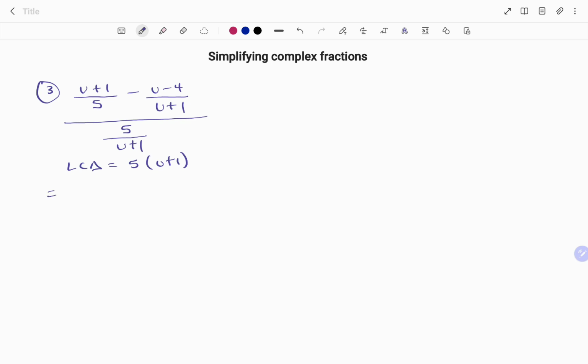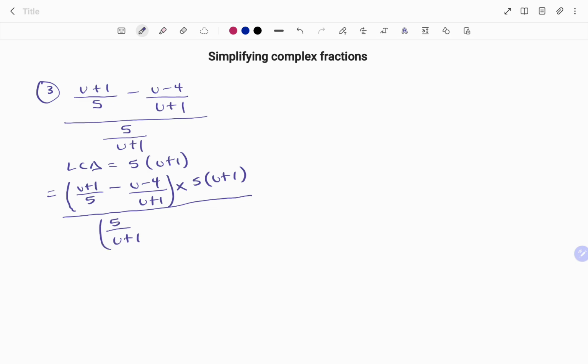At the top, I have u plus 1 over 5 minus u minus 4 over u plus 1, multiplying 5 into u plus 1. I'm going to do the same at the bottom, for my denominator, 5 over u plus 1, multiplying 5 into u plus 1.